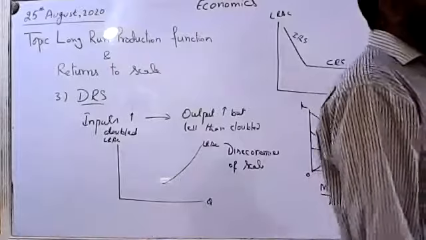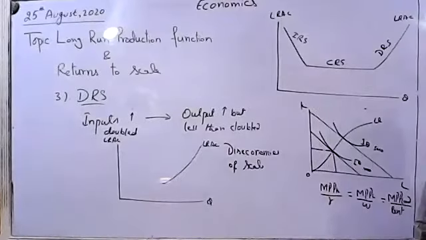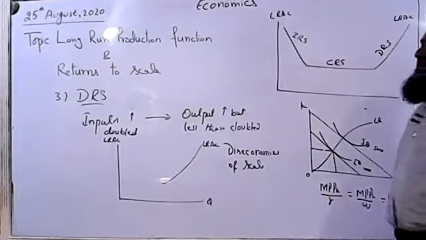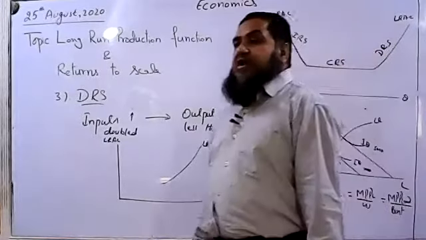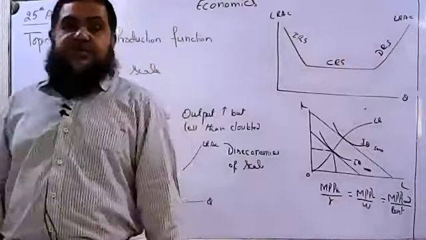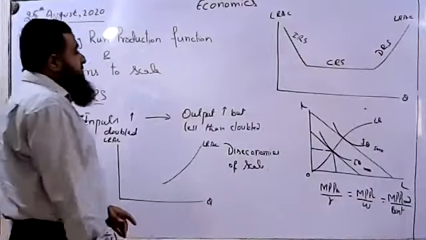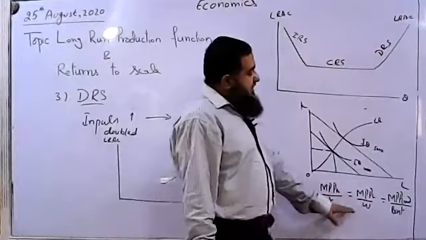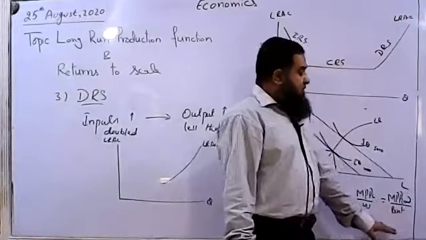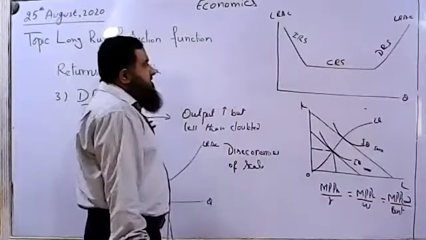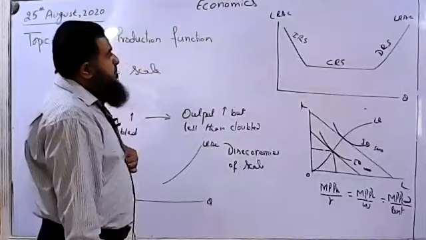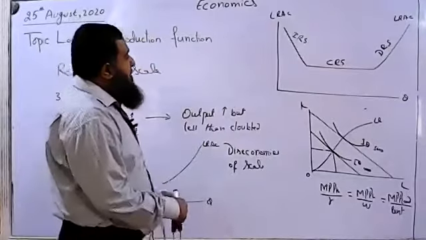I am linking the same topic with economic efficiency: in the long run, economic efficiency can be achieved by the firm when its long run average cost of production is minimized. And how will it be minimized? When this ratio is equated, or we say the firm will be achieving the minimum efficient scale of production.